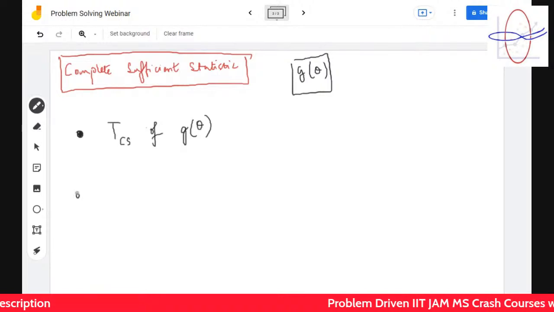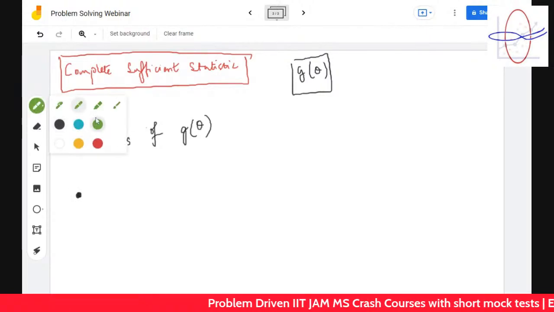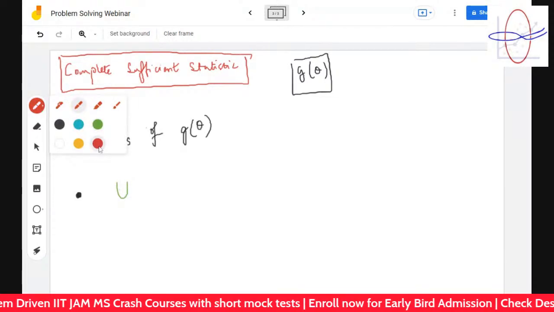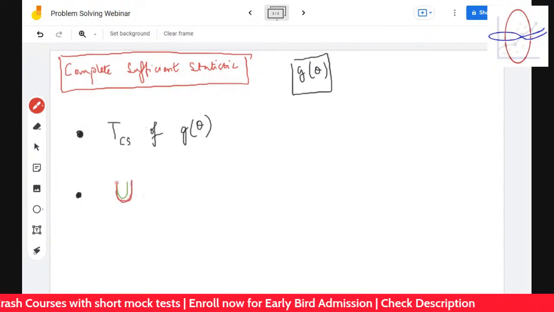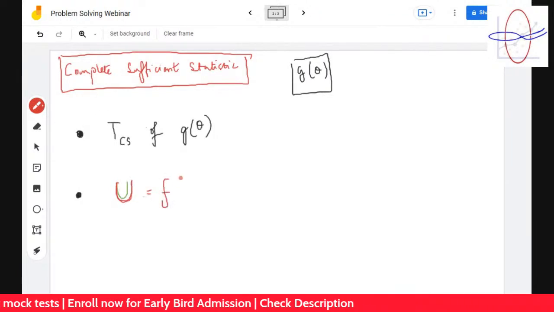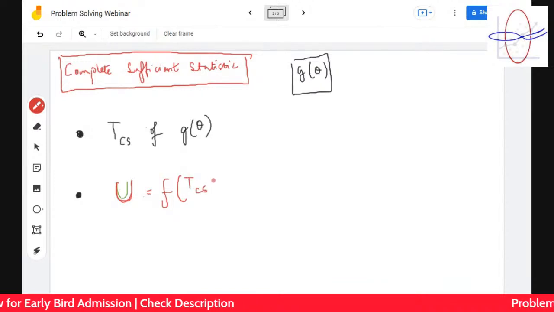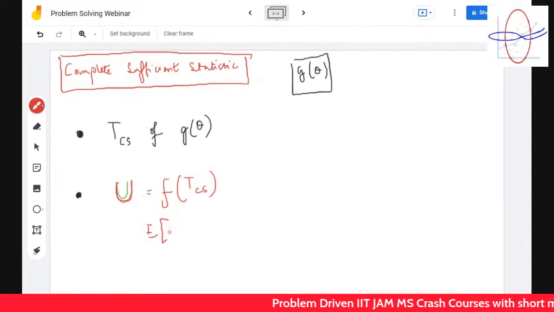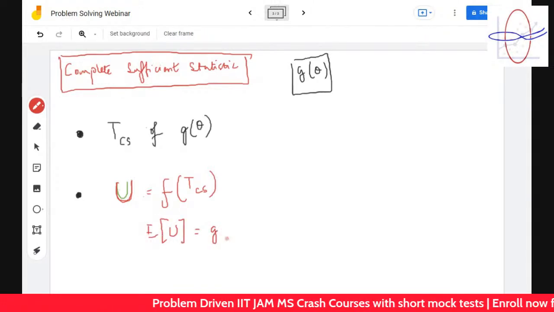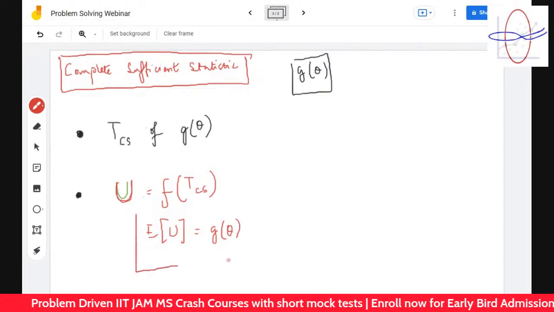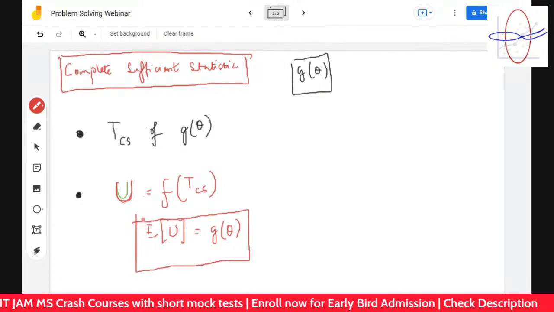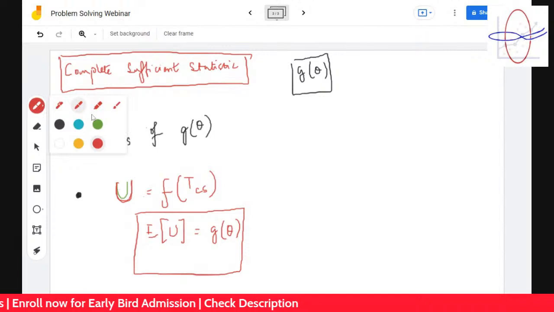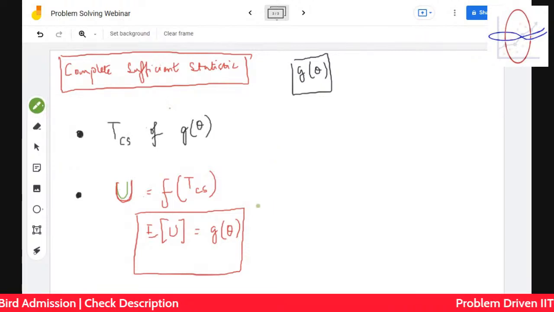Okay, and what we need to do is the following: we need to find another unbiased estimator U, which is a function of T_CS, such that expectation of U is g(theta).